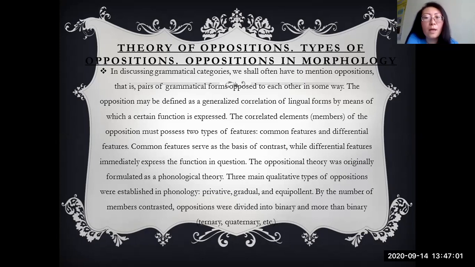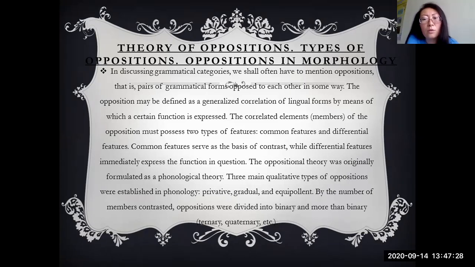The correlated elements or members of the opposition must possess two types of features: common features and differential features. Common features serve as the basis of contrast, while differential features immediately express the function in question.